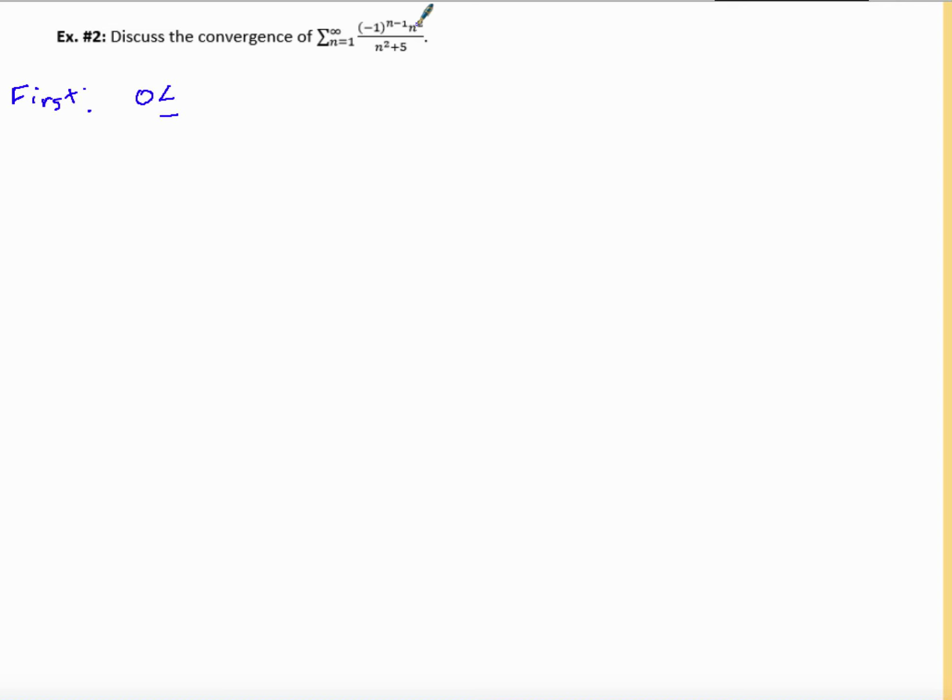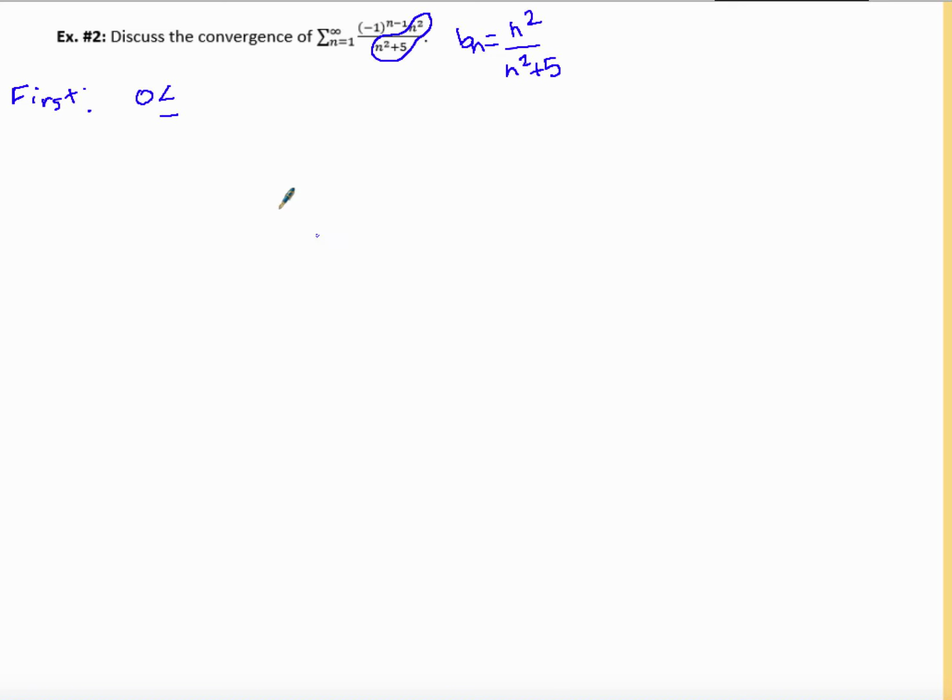I'm only looking at the b sub n piece. The b sub n here is the stuff that's not part of the alternating series, so that's going to be n squared divided by n squared plus 5.